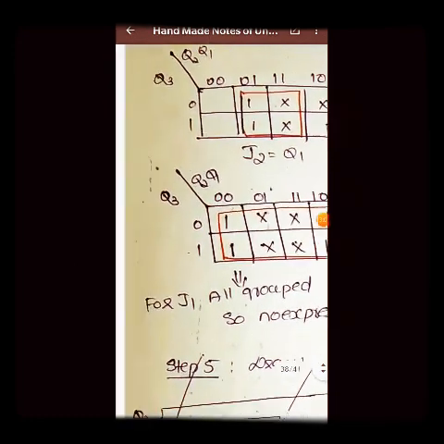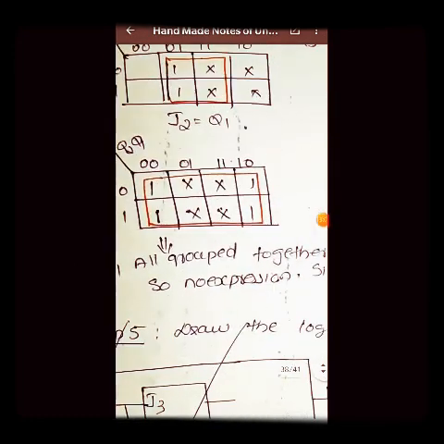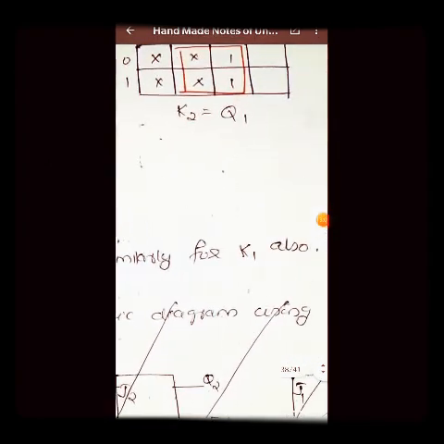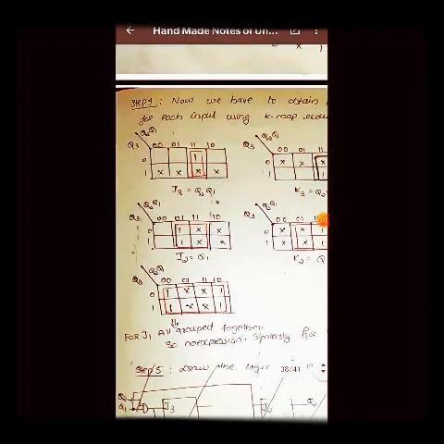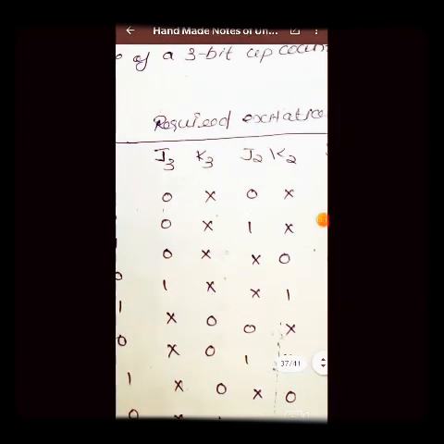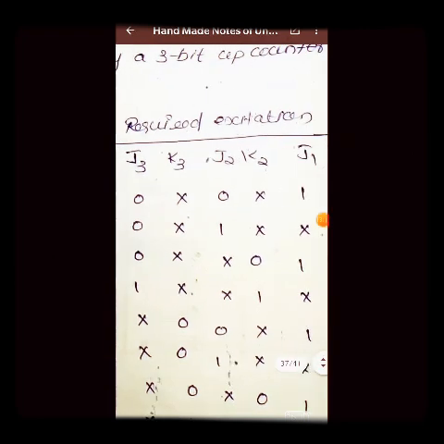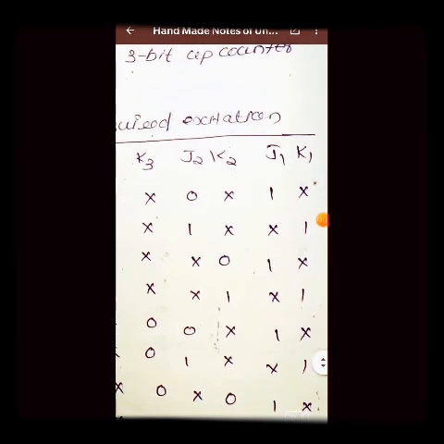J1, K1 are not written here. J1 and all the groups, similarly for K1, right? So where are J1 and K1? J1 and K1 are here. This column is J1. This column is K3, J2 column, K2 column.